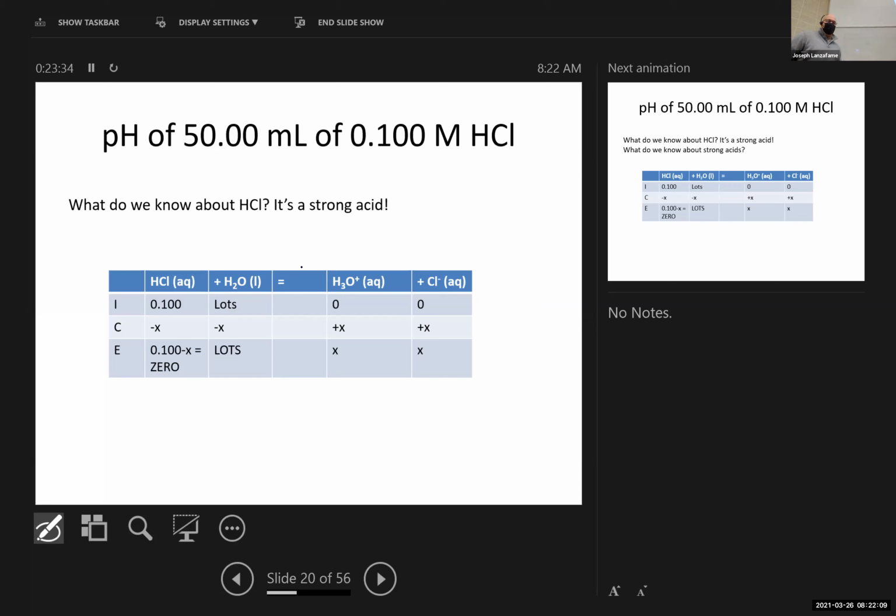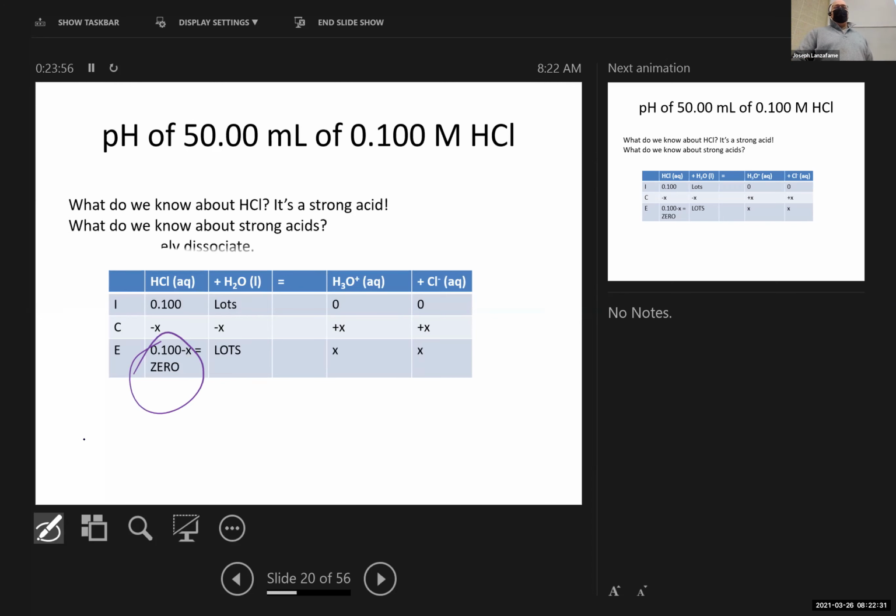I could still make an ice chart if I want. Obviously, I did, right? But again, the signature of my limiting reagent problem is something goes to zero. Since it's HCl with water, and water is the solvent, the HCl has to be the limiting reagent, right?